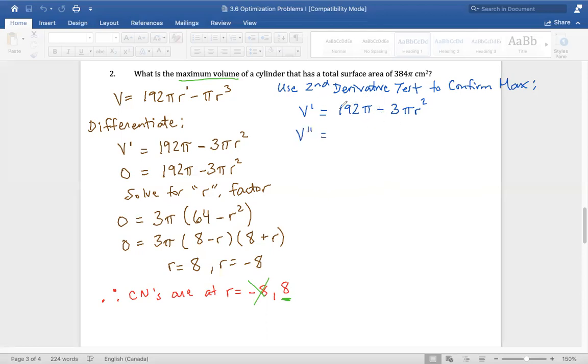Now there's no R value here, right? So the derivative of 192 pi, that's just a number. Pretend it was just 192, that would be 0, right? Then this 2 comes in front, would be negative 6 pi r to the exponent of 1. So really it's just negative 6 pi r, the second derivative.